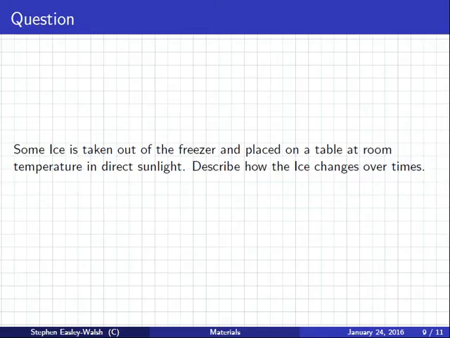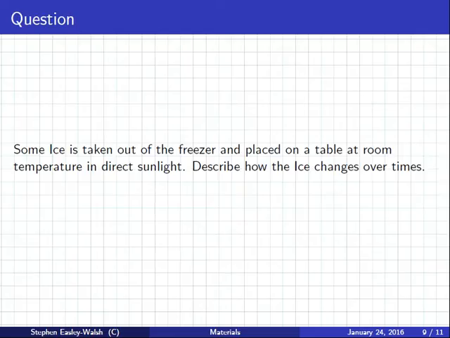You understand what I mean, or am I confusing you? No. So I'll get you started. The ice is a solid and it's placed on the table. The sunlight heats the ice and the ice melts and becomes a liquid. What happens next?